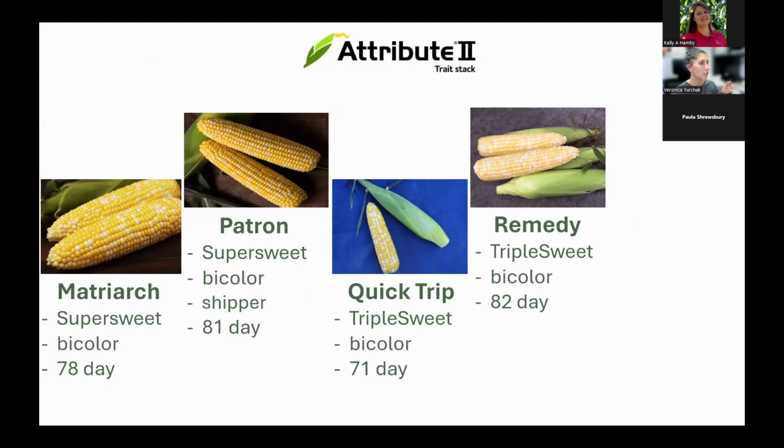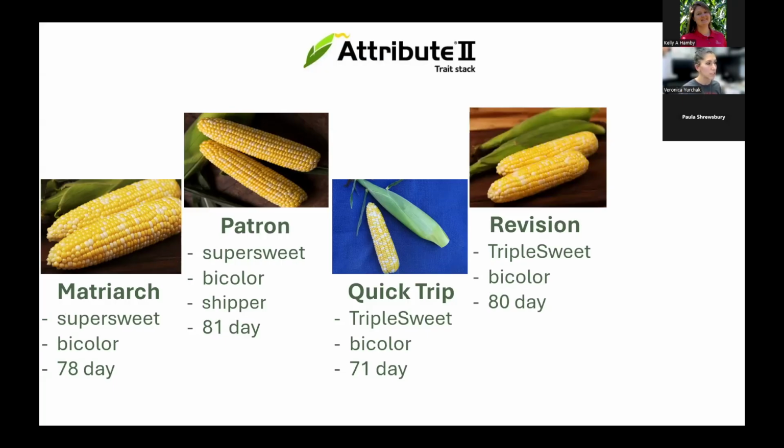Something I want to mention: Remedy has been shown to not perform as well under stressful conditions, just in terms of crop growth, so it has been replaced by Revision. Seed for Remedy is still available through various suppliers for 2026, but it's not listed as an active variety with Syngenta anymore.